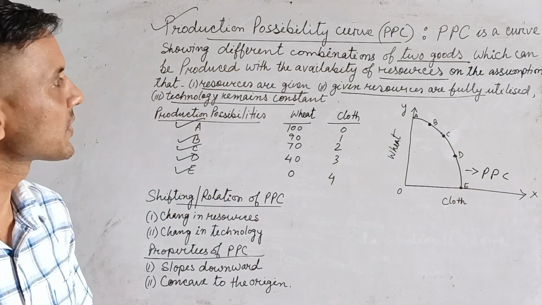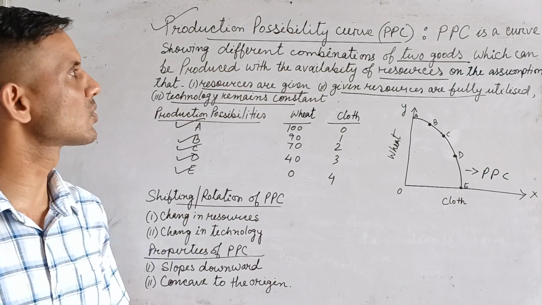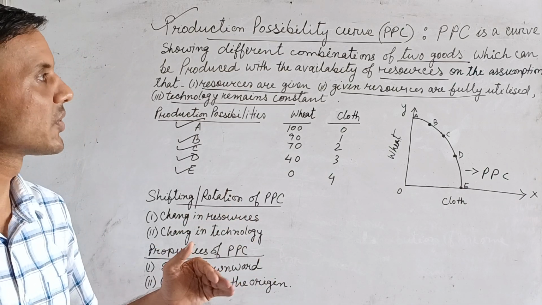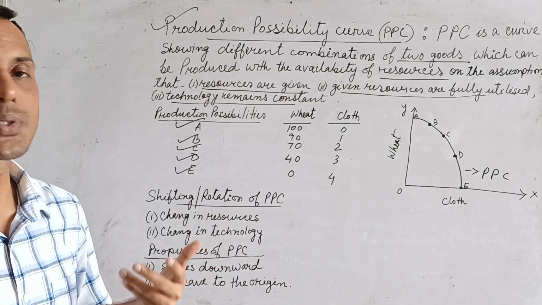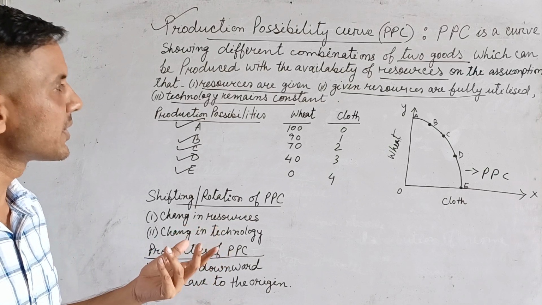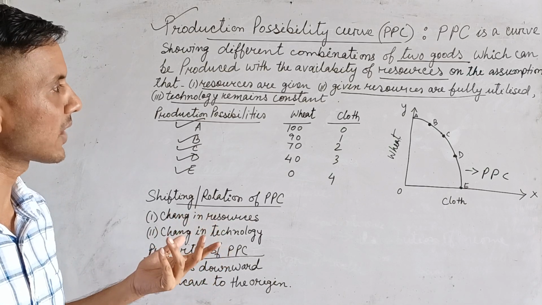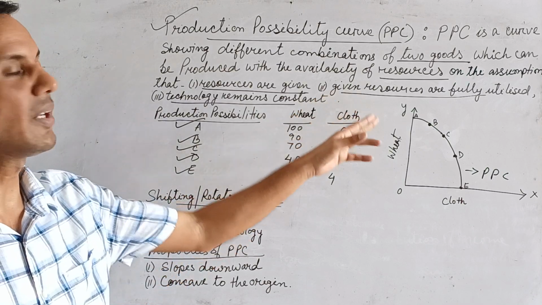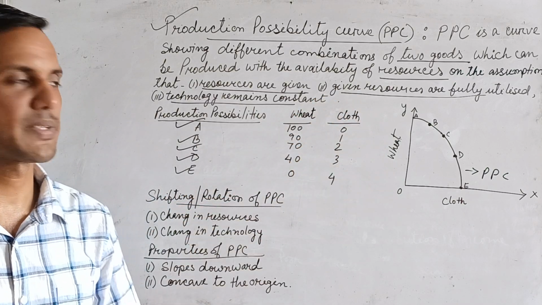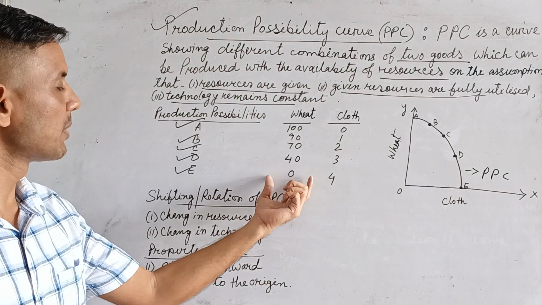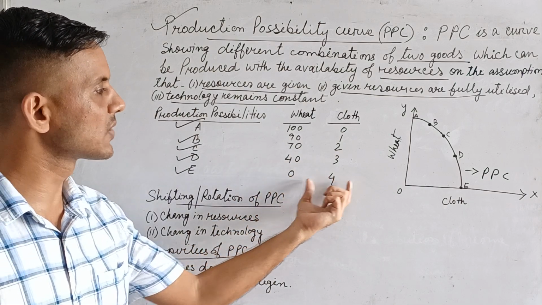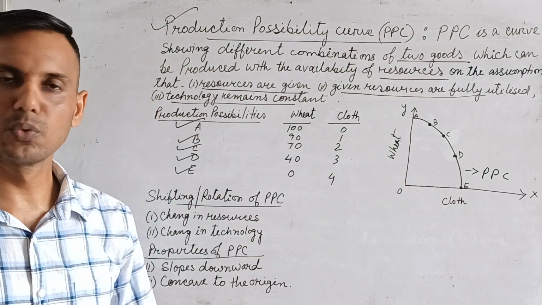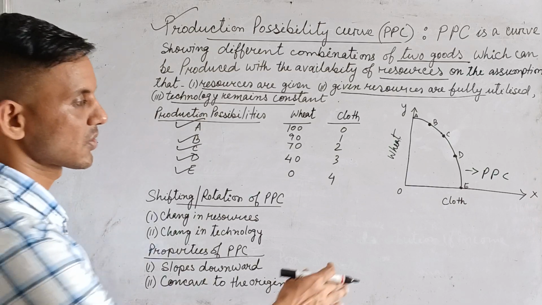Now, what is PPC? It shows the combination of two goods that can be produced by a producer with given resources and given technology, and we have assumed that resources are fully utilized. We prepared this table, and if you put these values in the diagram, I think you know how to do it.